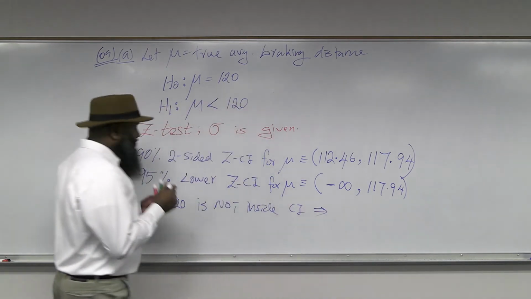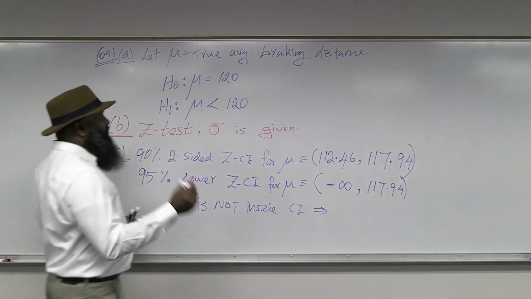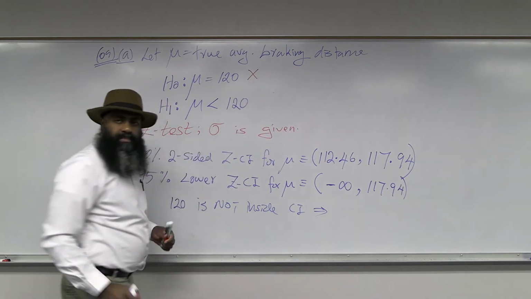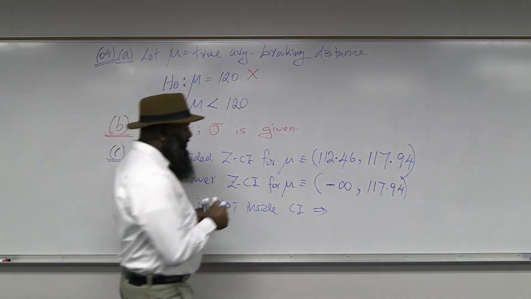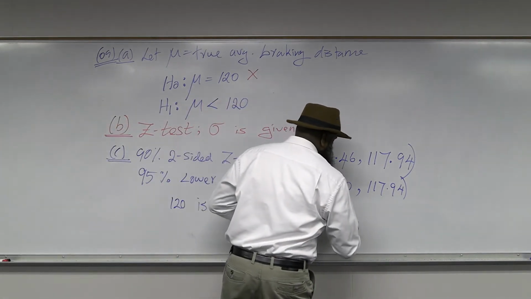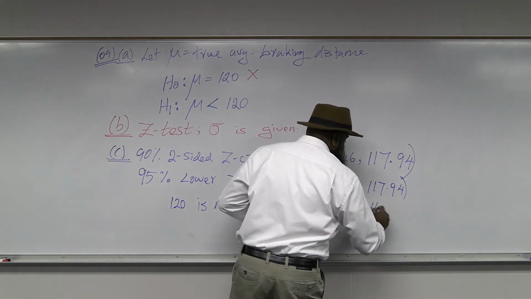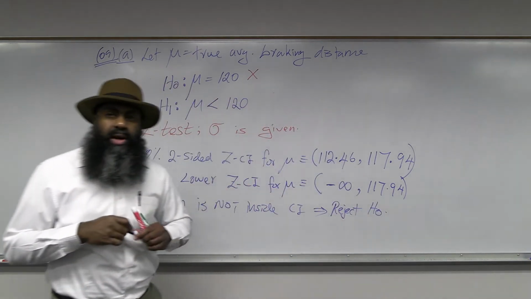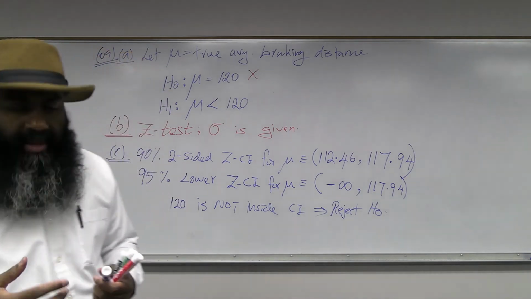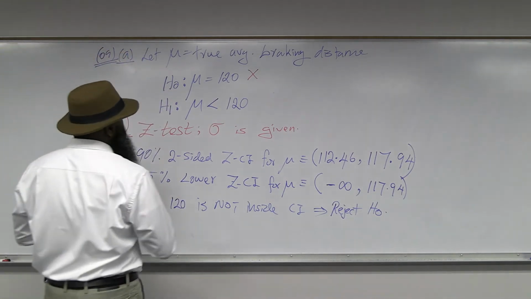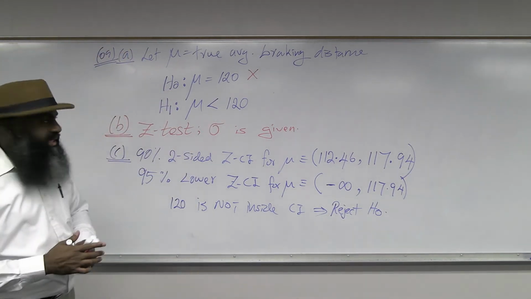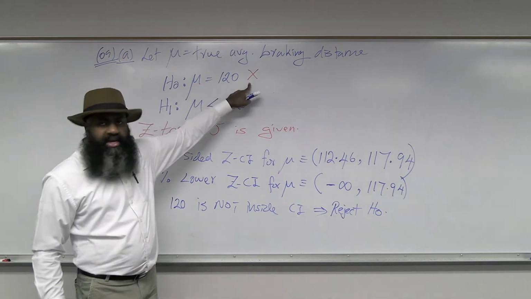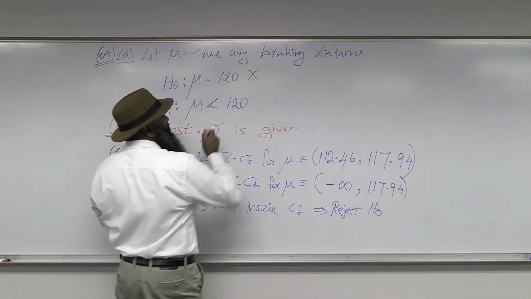That means I have to reject the null hypothesis. Now, rejecting the null hypothesis is only an intermediate step. The final solution should be given in terms of the alternative hypothesis. Since the null was rejected, the alternative should be correct.